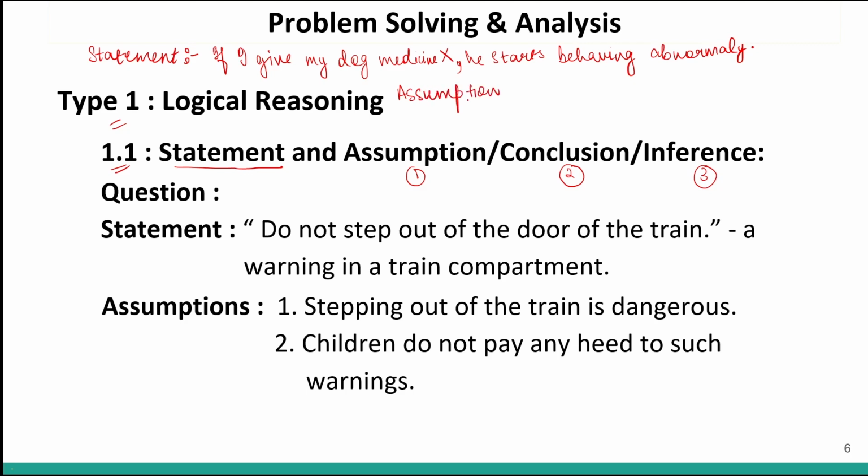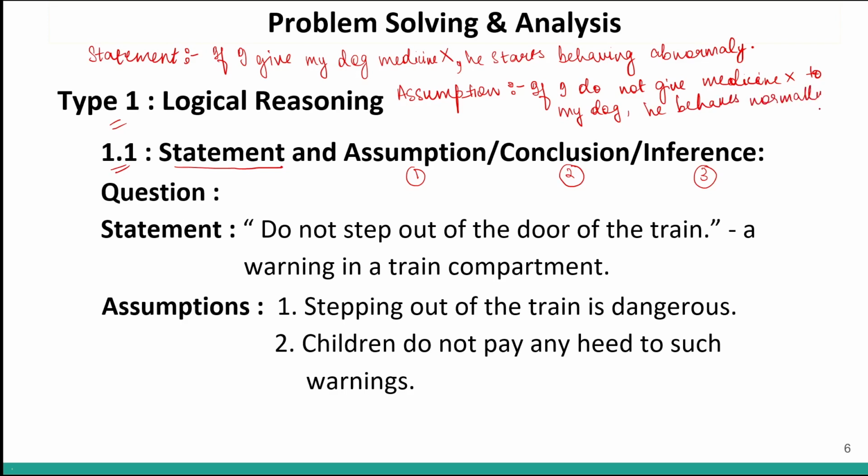What assumption? My assumption is that if I do not give medicine X to my dog, he behaves normally. I can say that if I do not give medicine X to my dog, he behaves normally.